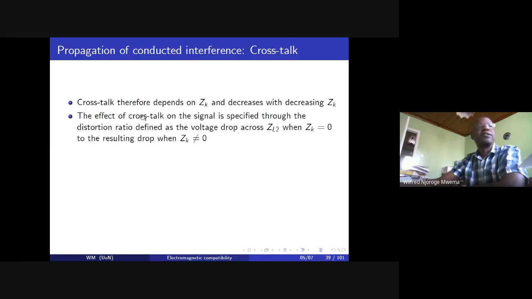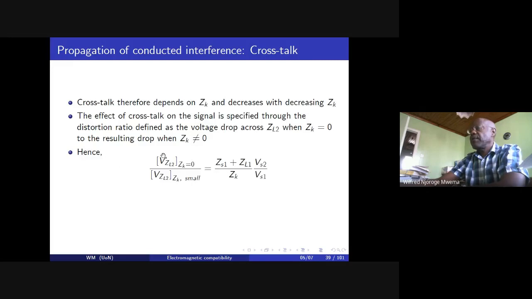So the effect of crosstalk on the signal will be specified through a distortion ratio that is defined as the voltage drop across the load when Zk is equal to 0 to the resulting drop if Zk is not equal to 0, which is the practical case.